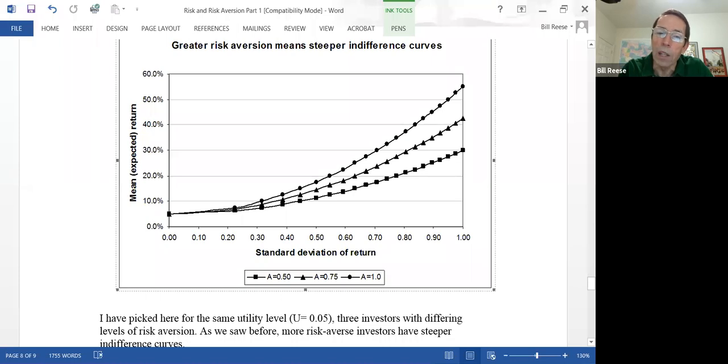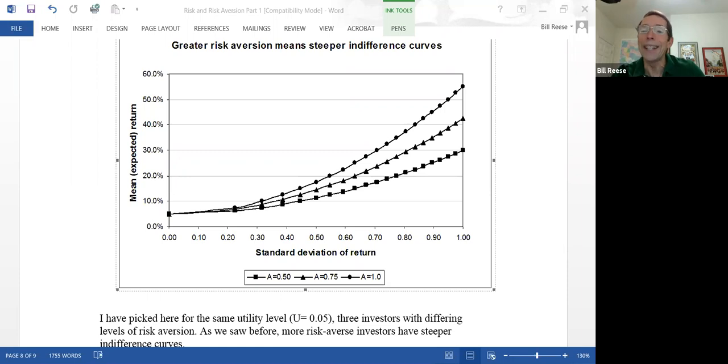So if at this point the investor gets 5% and they are indifferent between all the points on the line, then every point on that line has got to give the investor the same level of utility. And you could plug the numbers in. They're going to be approximations because you can't tell exactly what the standard deviation is on these or the expected returns, but you're going to see that they're all going to give these 3 investors utility of 5%.